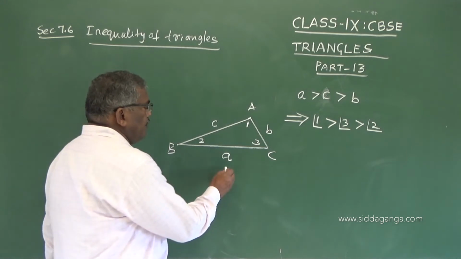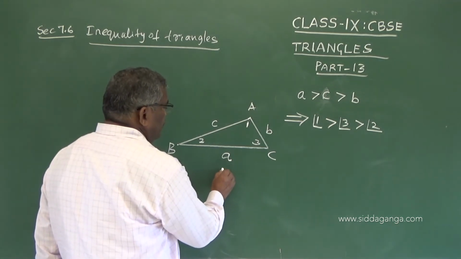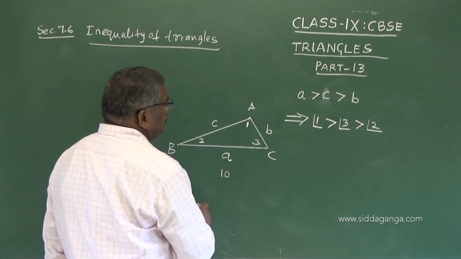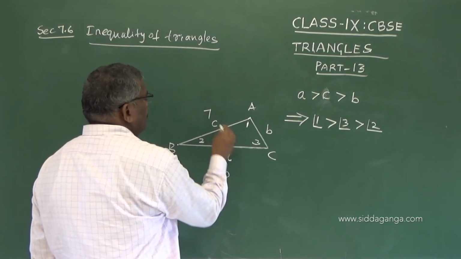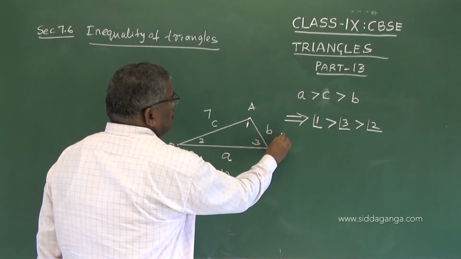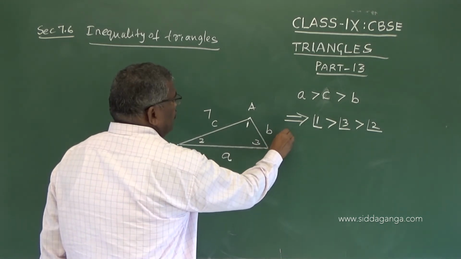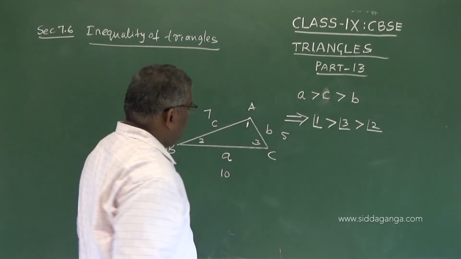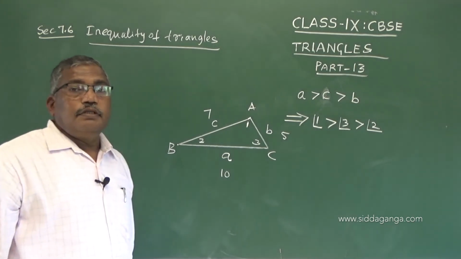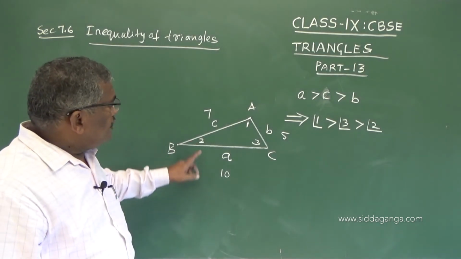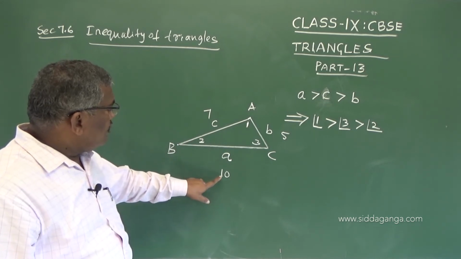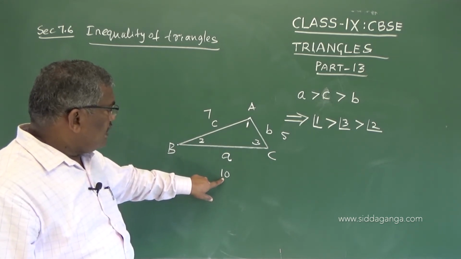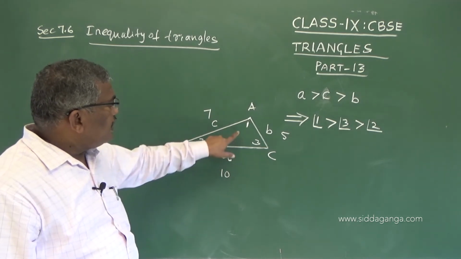Suppose this is 10 units, this is 7 units, and this is 5 units. Here 10 is the biggest length, so the greatest angle is angle 1.